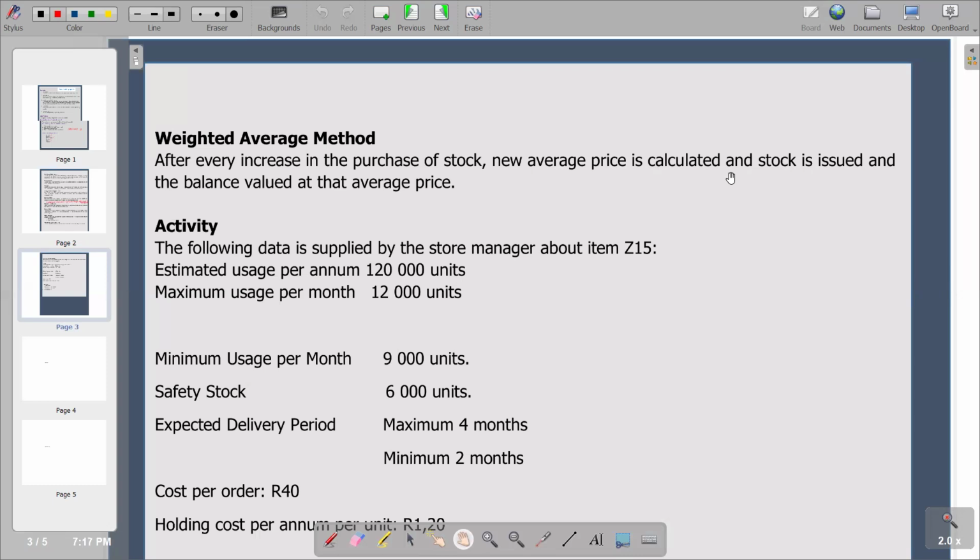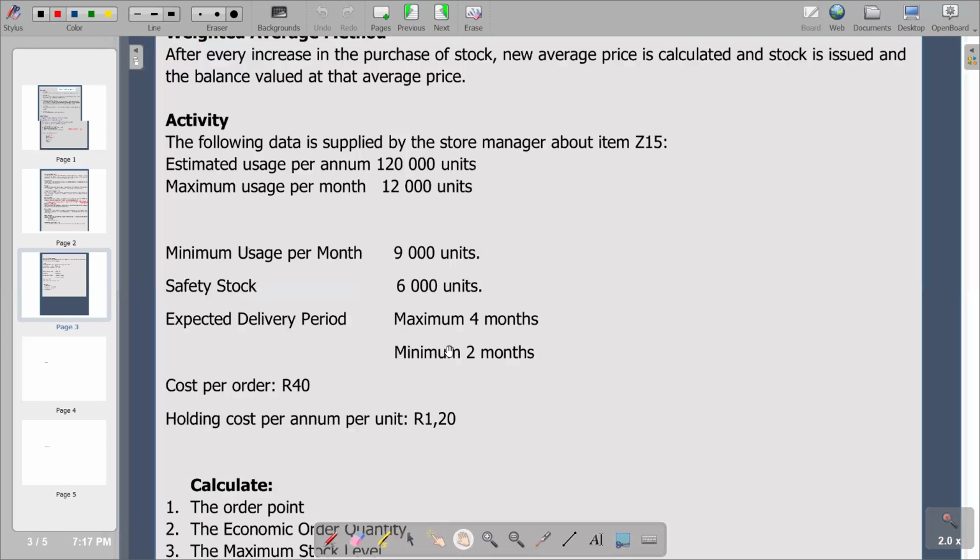We've got an activity to calculate, whereby the following data is supplied by the store manager about item sets 15. Estimated usage per annum is given as 120,000. We've got maximum usage per month of 4,000 units. Going down, there is further information given that you just need to browse through.